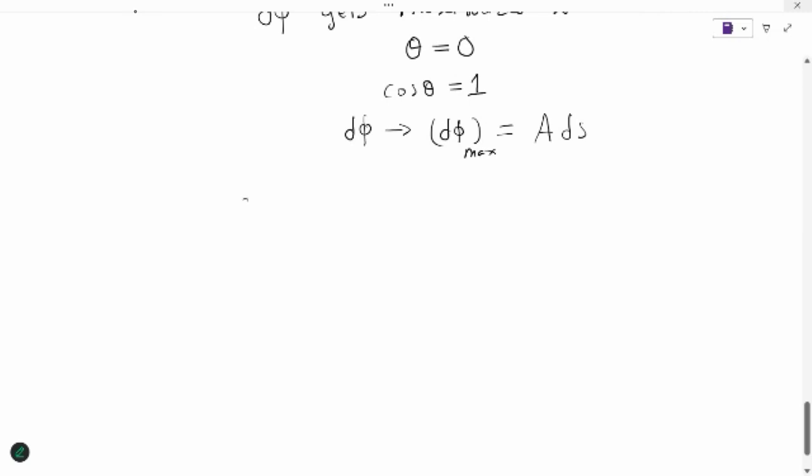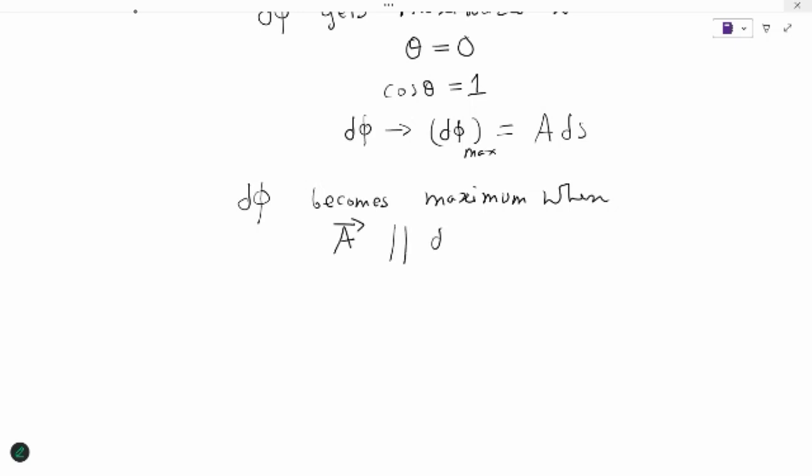So d phi becomes maximum when the a vector is parallel to the dr vector, that is whenever grad phi is along dr.